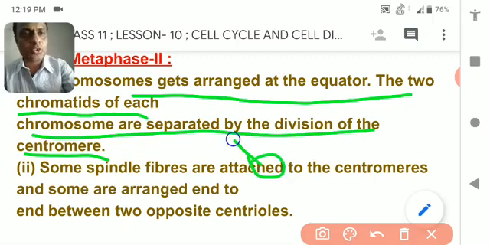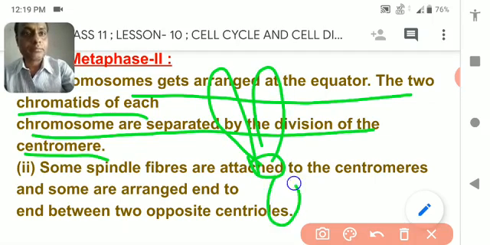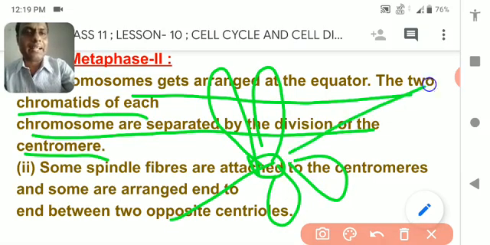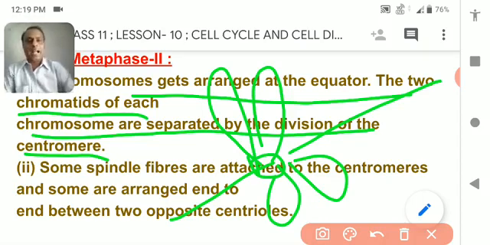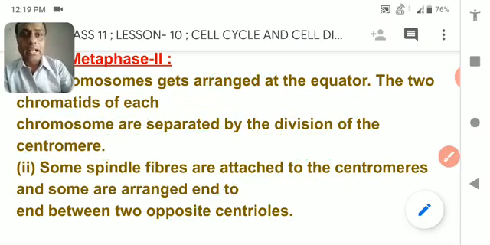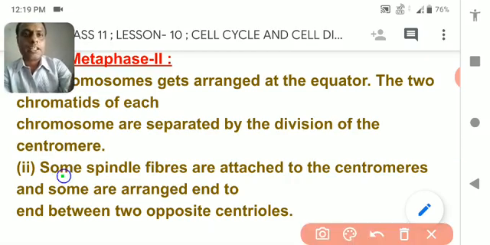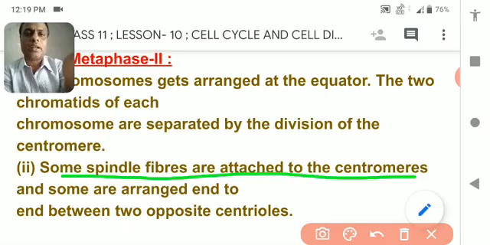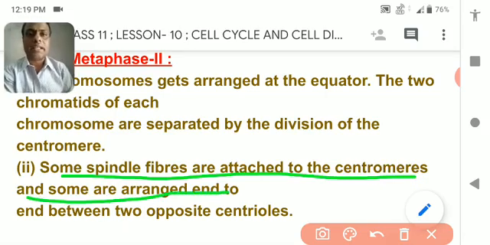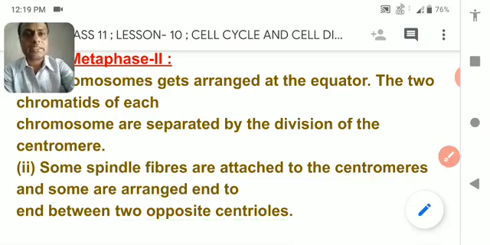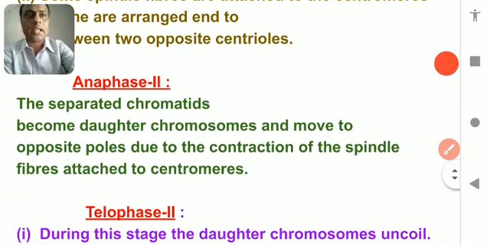Suppose this is the chromosome and they are attached by the spindle fiber at their centromere, and obviously due to pulling the centromere will break here, as usual in anaphase of mitosis cell division. So the spindle fibers are attached to the centromere and some are arranged end to end between the two opposite poles. Let us study what happens further in the anaphase.